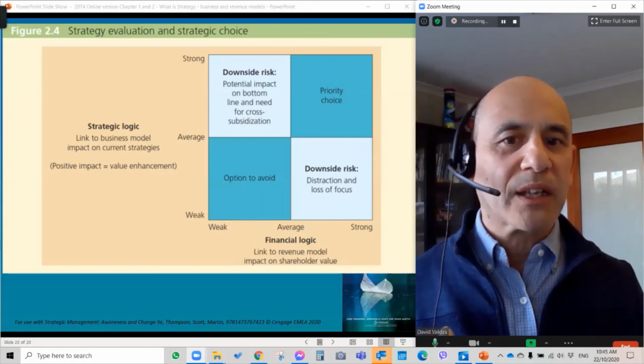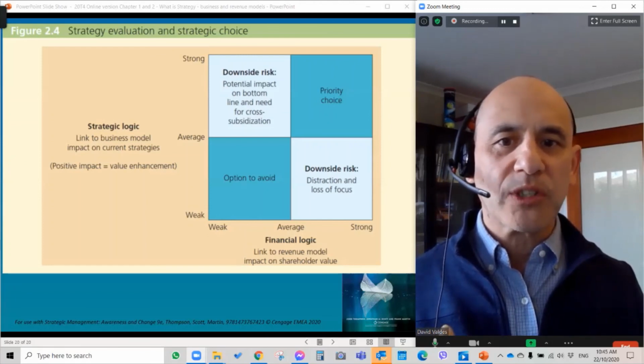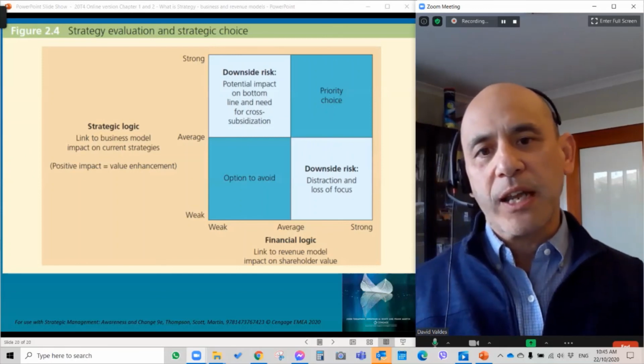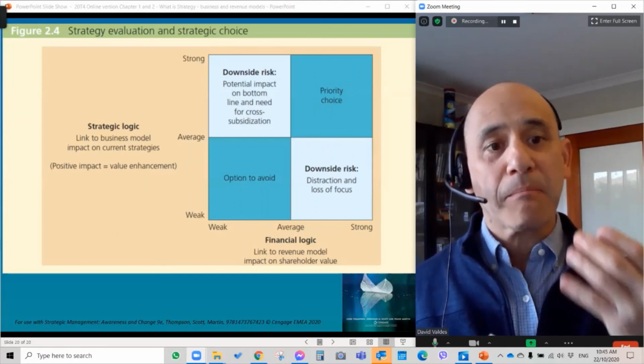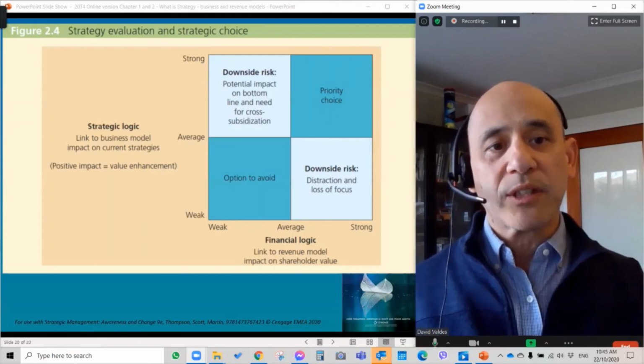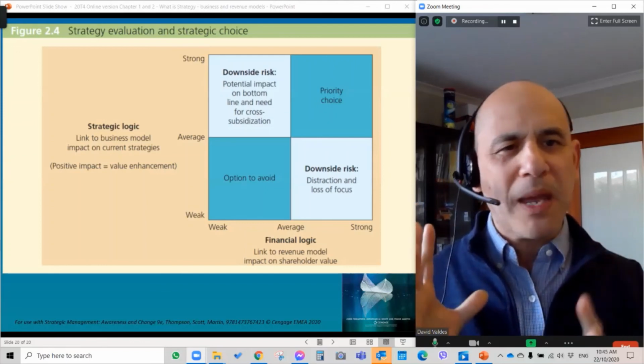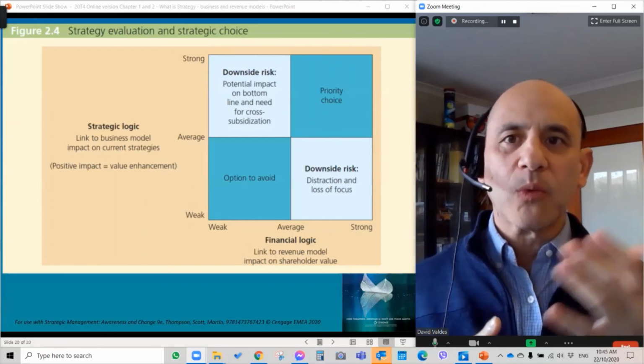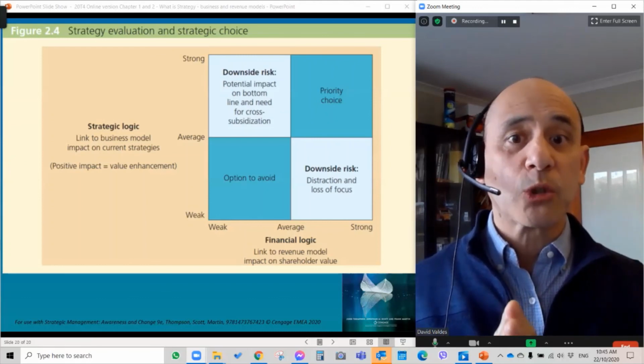While we're looking at our financial logic, which is the horizontal axis, we take a look at whether a business can actually make money using this strategy. So those are the two main criteria that we should look at to determine whether we've made the right strategic choice.